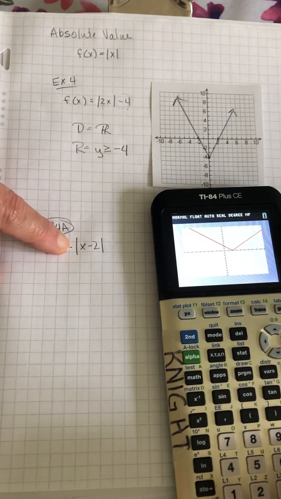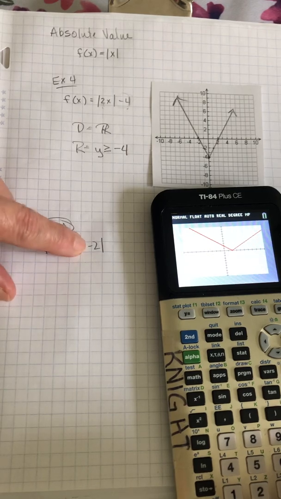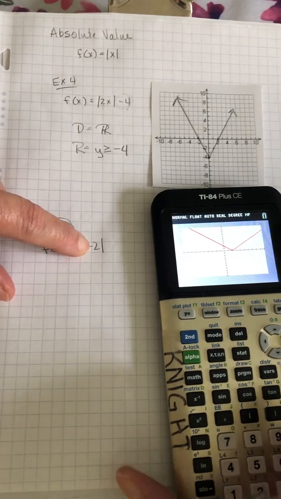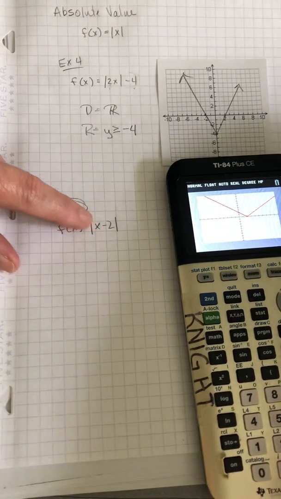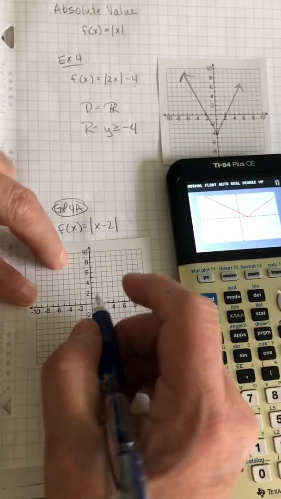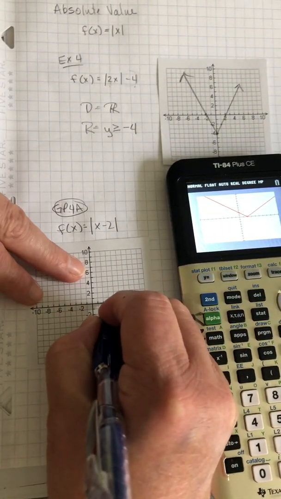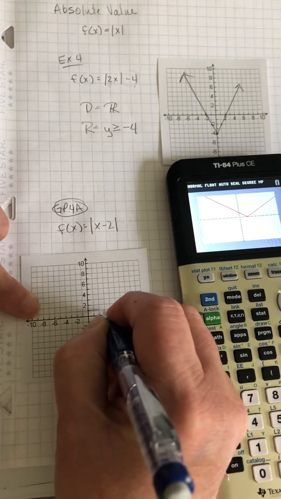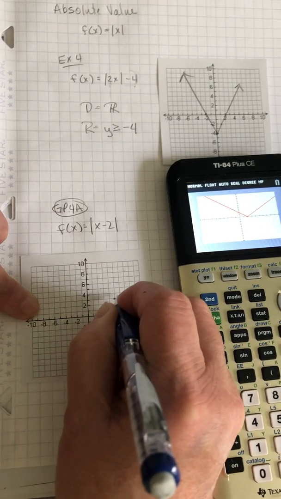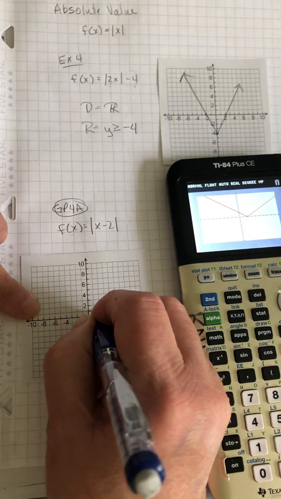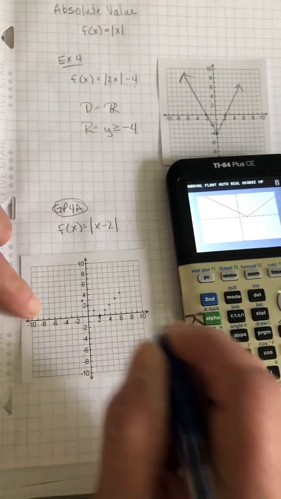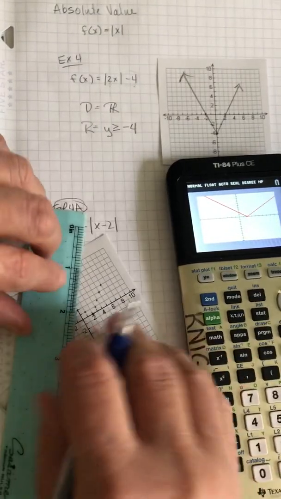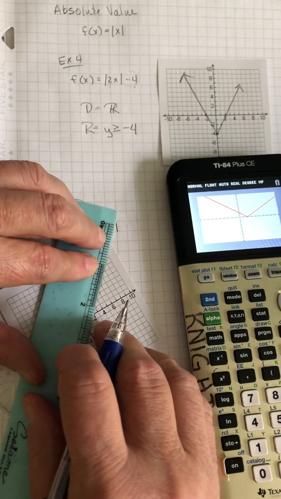Instead of moving it down, because it was -2, it moved it to the right 2. Slope of the sides is still 1, it's just my balance point has changed. The other half has a slope of -1. So it's really easy to get those points to draw your graph.